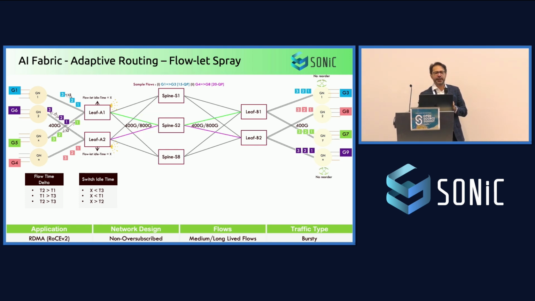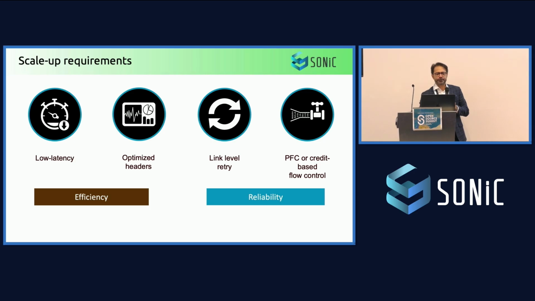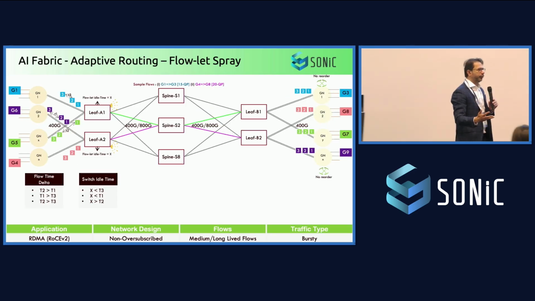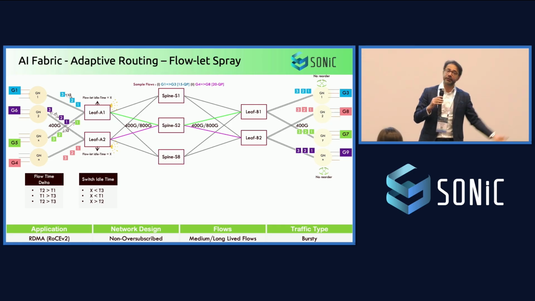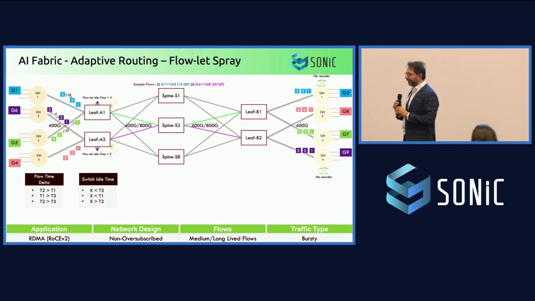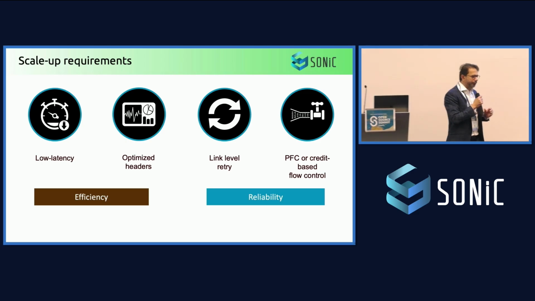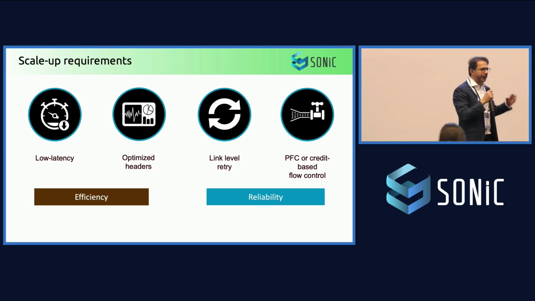So you have the load balancing, you're using most of your links, and you still do not have to reorder. So these are some of the capabilities which were not there in SONiC, which were introduced as part of this AI networking initiative.